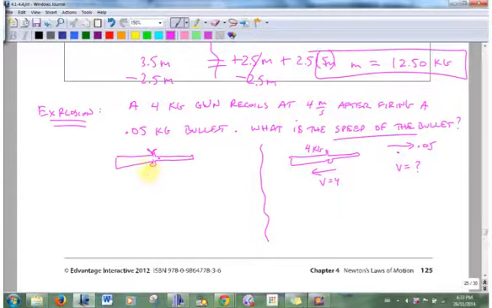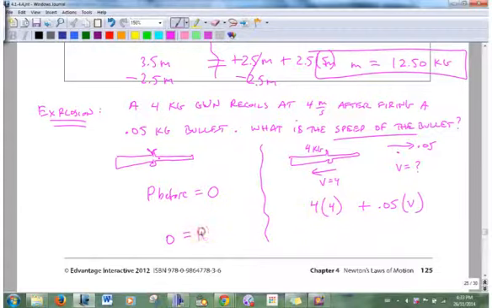Assuming we're not walking with this gun, we're standing still. It's 0. The gun's not moving, the bullet's not moving. Before we fire, the momentum is 0. Momentum after, I have 4 kilograms times 4 meters a second, and I have the bullet, 0.05 kilograms times the speed, I don't know.